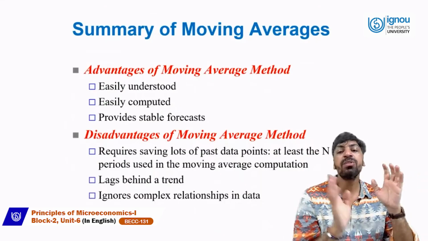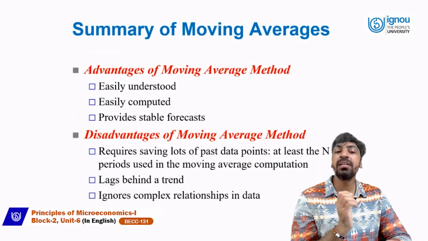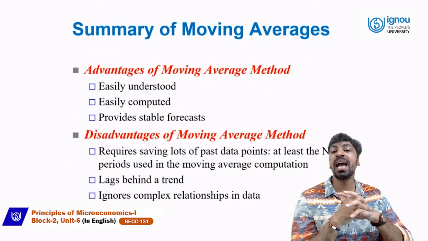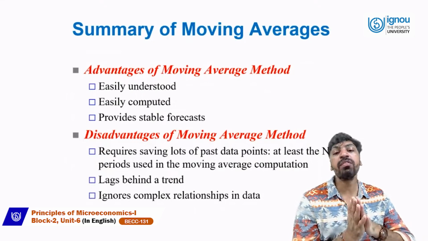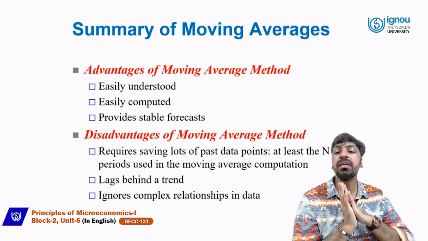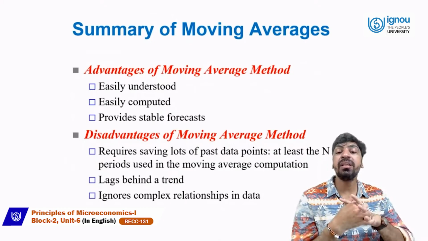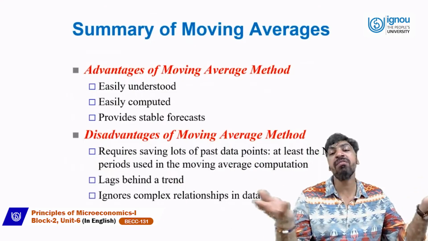Every method has advantages and disadvantages as well. The disadvantage of the moving average method is that it requires a plenty of past information, and infinite periods are always used in moving averages because it is an infinite series.